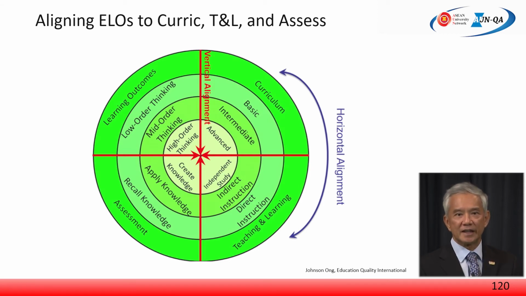Alignment in teaching and learning means to have various types of methods in use: direct instruction, indirect instruction, experiential learning, interactive learning, and also independent study. The alignment traverses vertically among the various levels of each concept. The alignment also traverses horizontally across the 4 concepts.